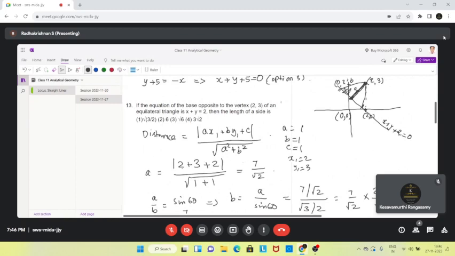Oh, I made a mistake. This is not x plus y plus 2 equal to 0. This is x plus y equal to 2. That is x plus y minus 2 equal to 0. So that means this will be minus 2. So that means this will be 3.